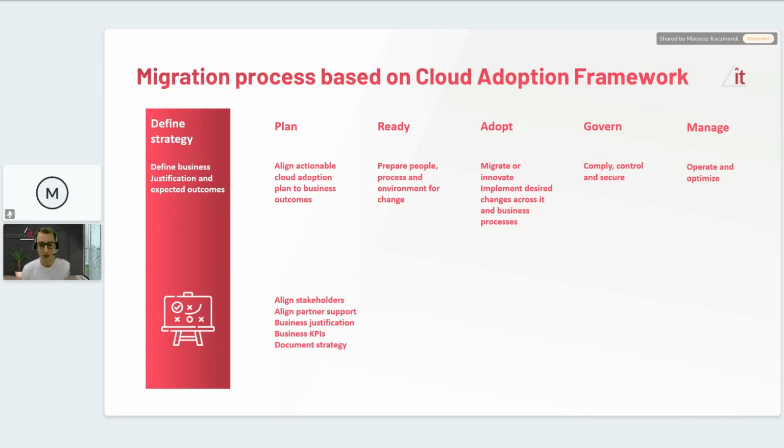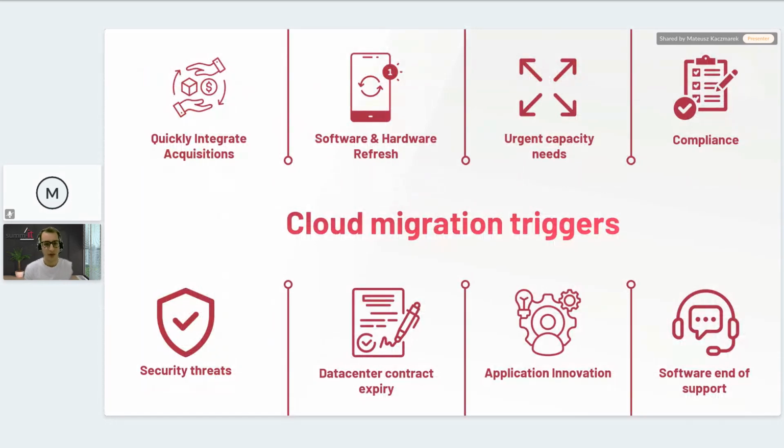So moving on to the migration triggers, because I mentioned them before. Organizations don't just migrate to the cloud for no reason. There are usually specific triggers that push them to make the shift.